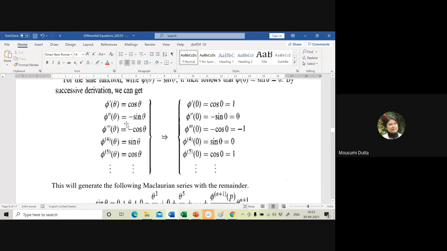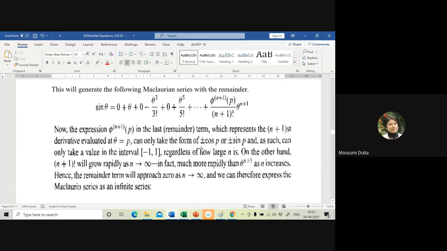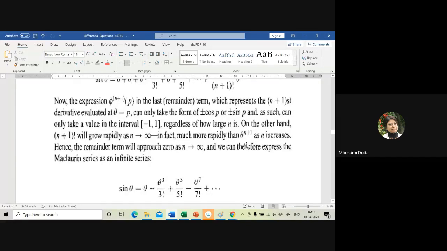Now, when I am taking in terms of cos, it may be plus, it may be minus. When I am taking in terms of sin, it may be minus, it may be plus. So I am taking the last derivative, the derivative in the remainder term, which will take the form of either plus minus cos theta or cos p or plus minus sin p, and as such can only take the value in the interval -1 and 1.